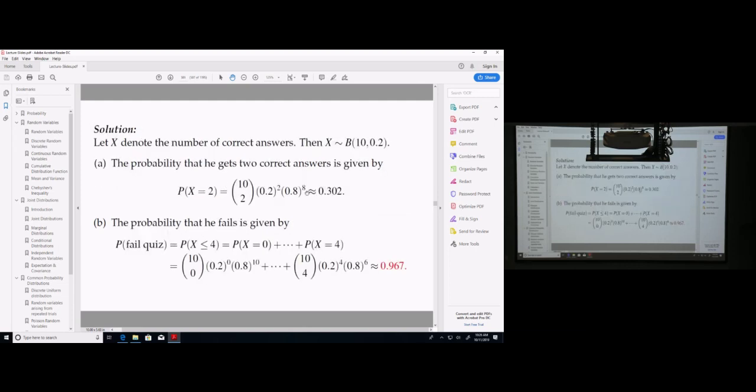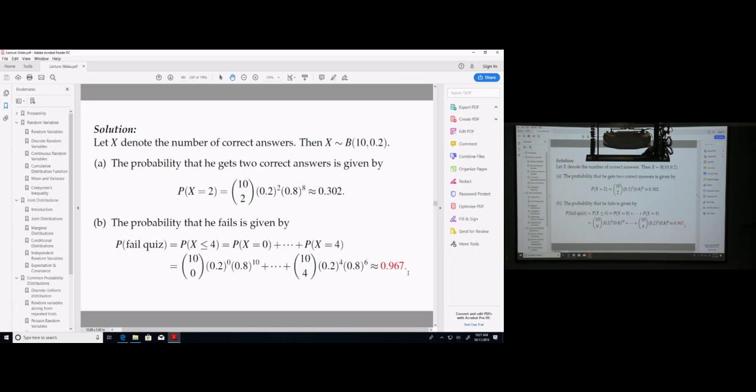So to get 2 right, purely by chance, by luck, you have 30% chance of getting 2 right, and then getting 4 or less, you have almost like 97% chance of failure. All right. So chance is not on your side.